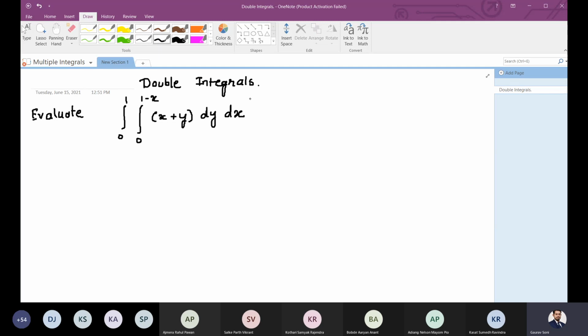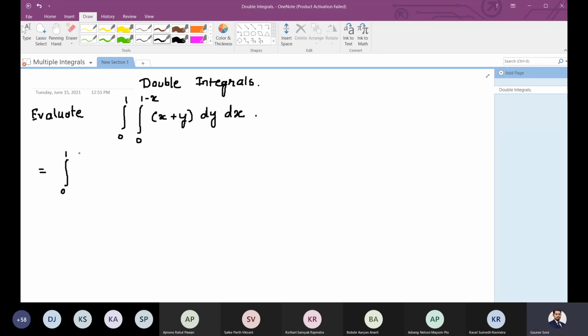Double integration actually means you have two integrations, but these two integrations are with respect to different variables, x and y. In order to solve it, I'll classify this.